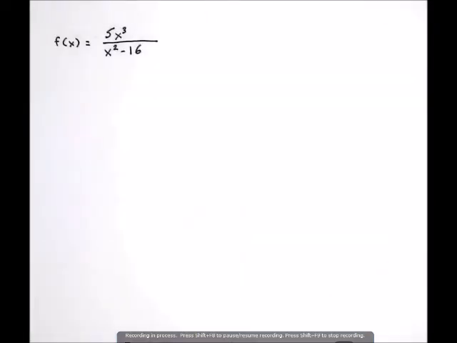And now let's do one of these oblique asymptotes. On this one, degree of the numerator is 3, degree of denominator is 2, so we will have an oblique asymptote.